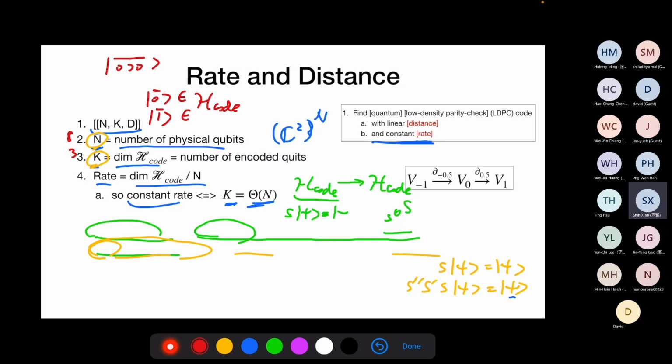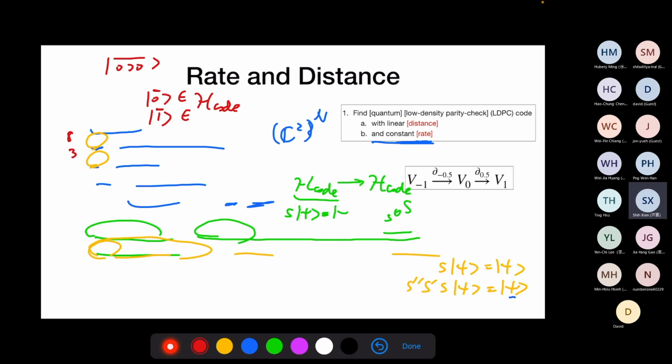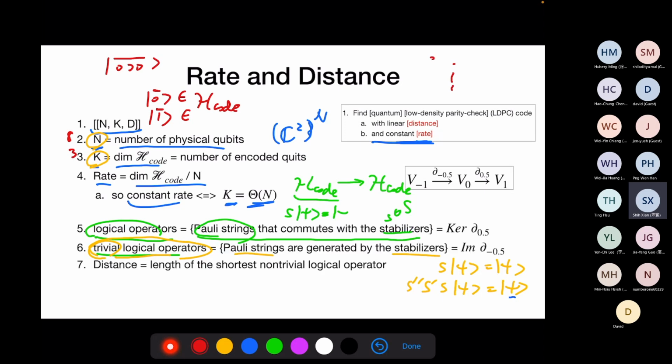My imagination is that I have n physical qubits, and I pick some set of stabilizers S. Then the only states satisfying the stabilizers, S acting on psi equal to psi, are 4 states, so k equals 4. But aren't these 4 states just 4 particular states?